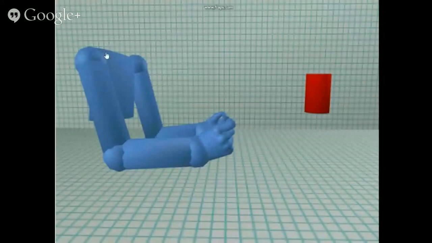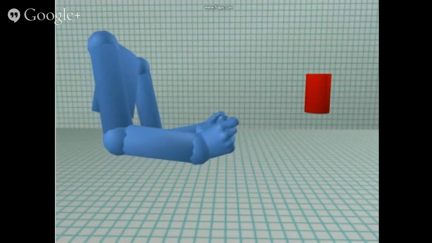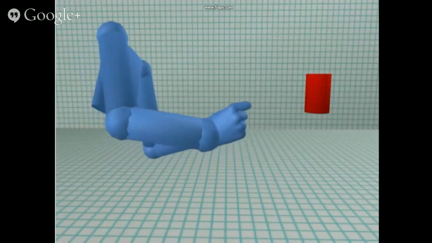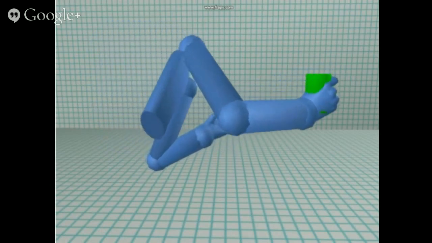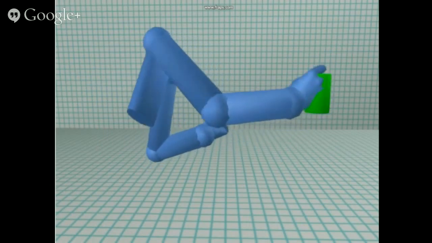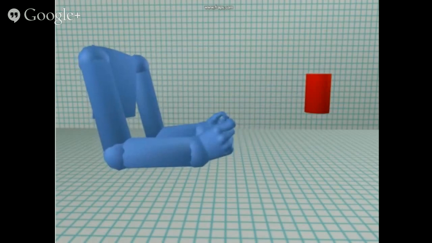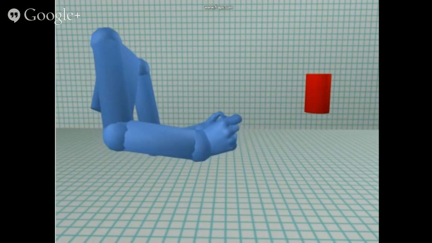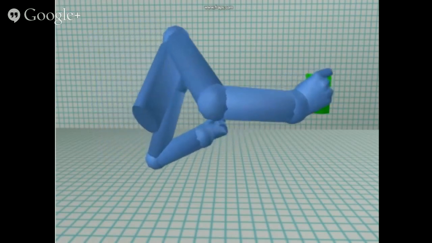Here's an example of that for a hemiplegic patient, and I remember this lady very well because she hadn't realized she was moving like this until we showed it to her, and when we did, it upset her quite a lot. So you can see her reaching forwards for the virtual object, but as she does so, she moves her trunk and her shoulder way far forwards compared to what a normal person would do.